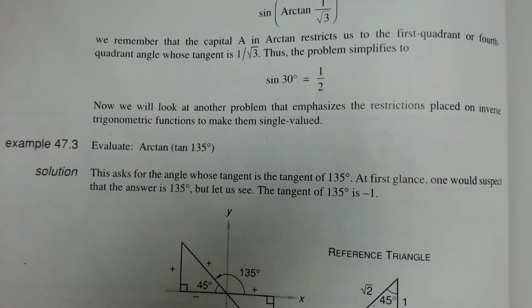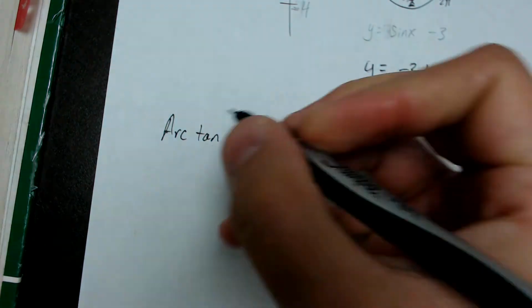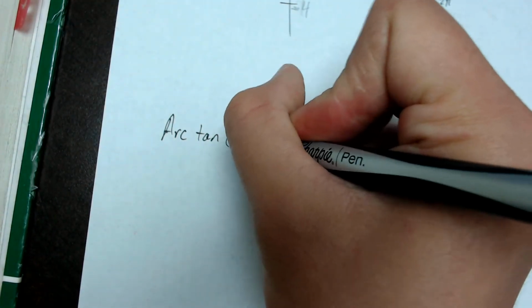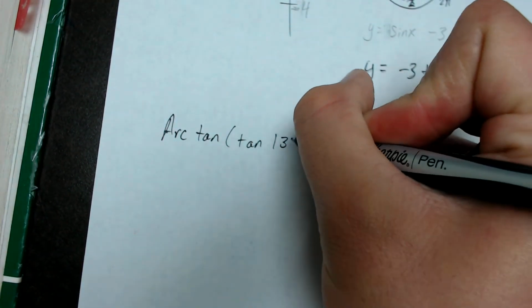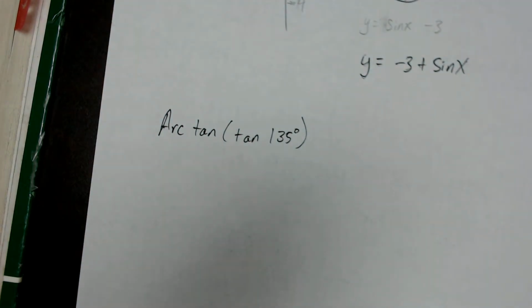So here we have an example that says we need to find the arctangent of the tangent of 135 degrees. And the reason why this is deceptive is because arctangent means to find the angle that has the tangent of 135 degrees.